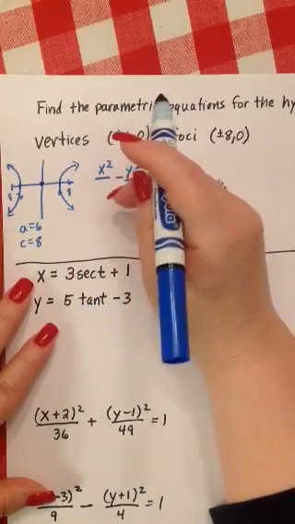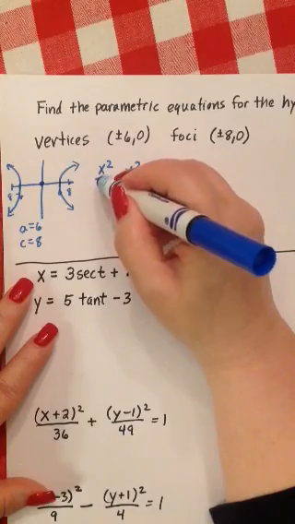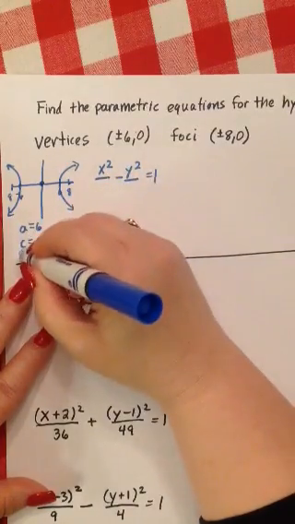In order to write my equation, in a hyperbola it always goes a squared, b squared, and I don't know what b squared is yet.